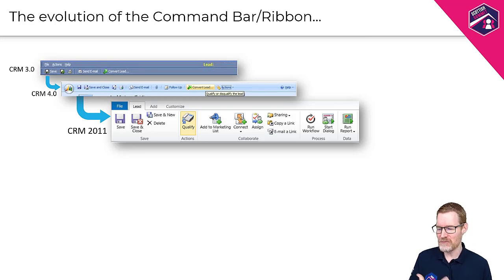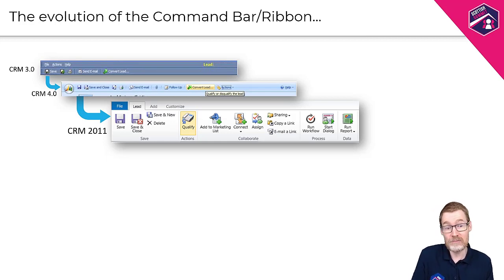And so the ribbon is one of these things that I think was an answer to the fact that certainly in Office, we started to have so many toolbar buttons. They were everywhere, and it was almost like you had to navigate this hugely complex toolbar to try and find the ones that you wanted.